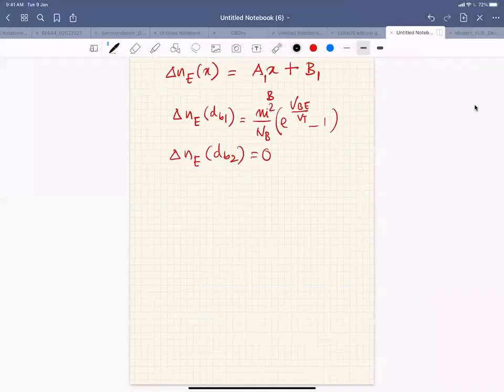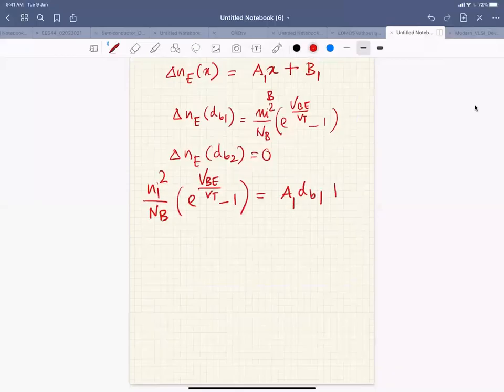Right? Okay. So if I just use, then it will be Ni square by Nb exponential Vbe divided by Vt minus 1 is equal to A1 dB1 plus B1.